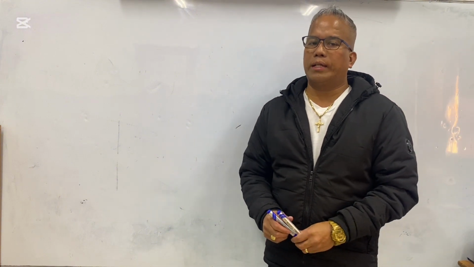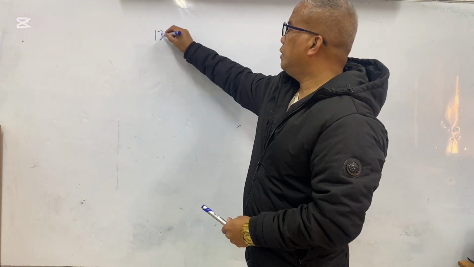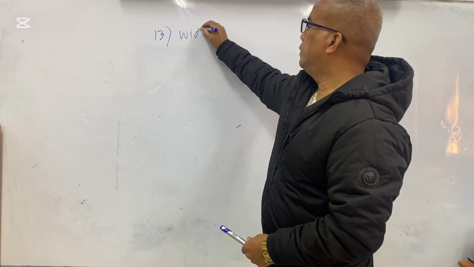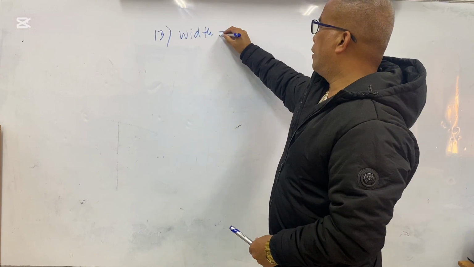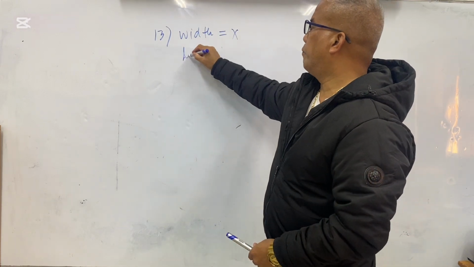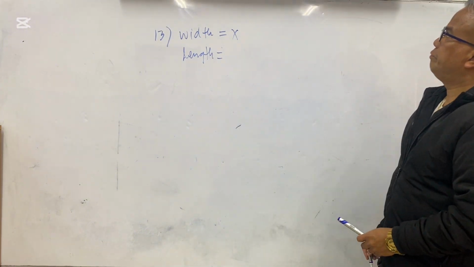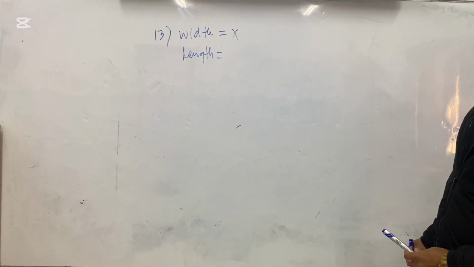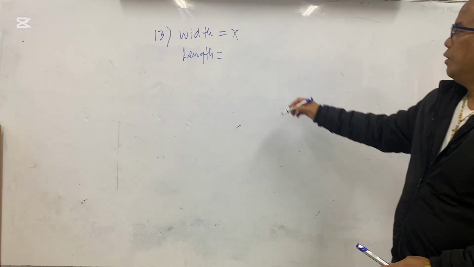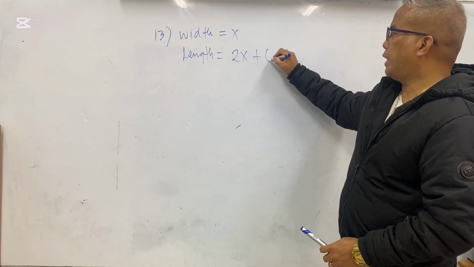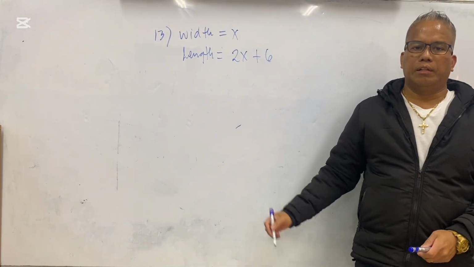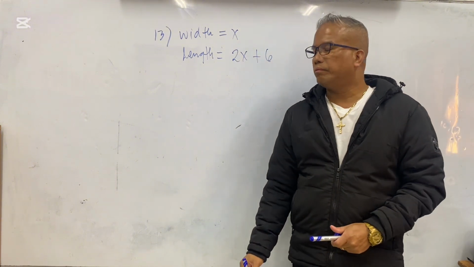We are going to assign for the width x. Then for the length, we have 6 meters longer than twice its width, 2x plus 6. So that is the mathematical expression.